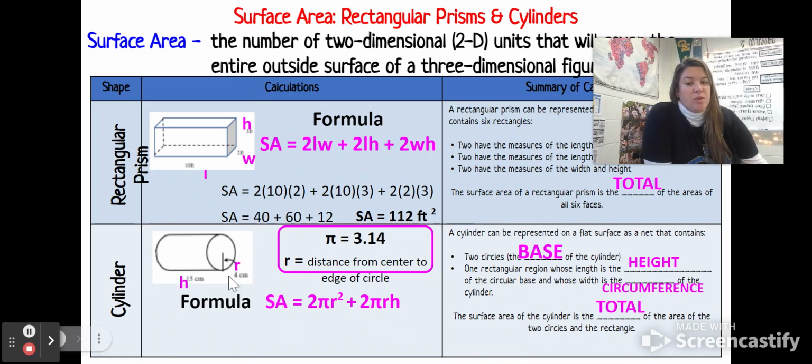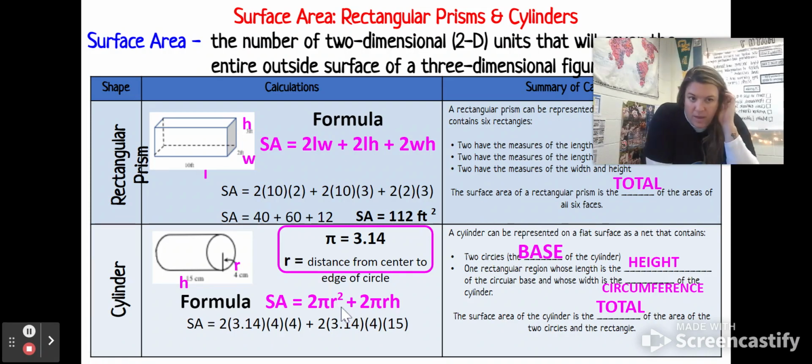And then the second row is we're plugging in our numbers. I believe this is a 15 and a 4 if you need to make them darker. So follow our formula. SA equals 2 times 3.14 times 4 squared. If you put 4 with a little 2, that will work also. Then there's a plus sign. Then there's a 2.